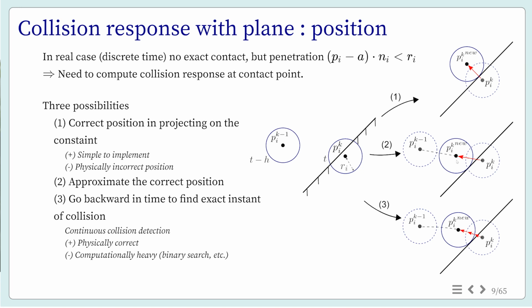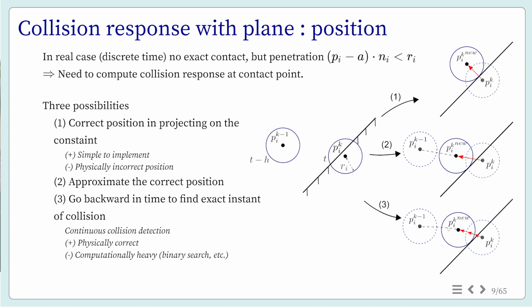And so this is an in-between. It's less simple to implement, but it's a little bit more correct physically, although it's not perfect. And the best method is somehow to go back in time to find the exact time when the collision occurs.